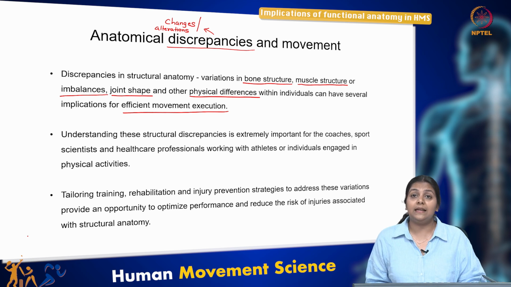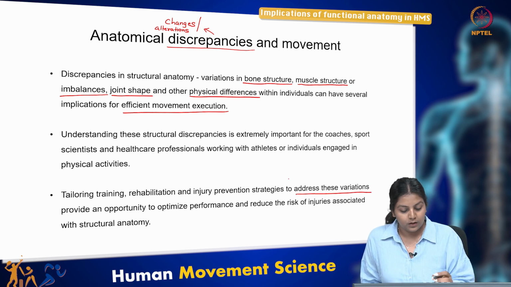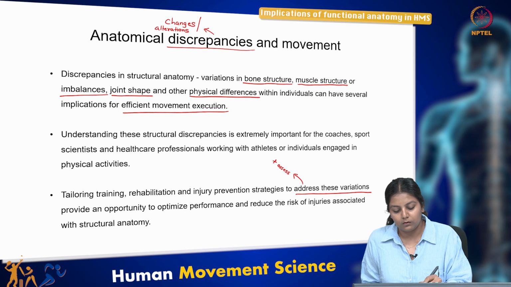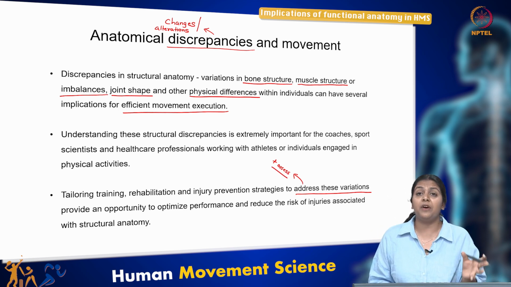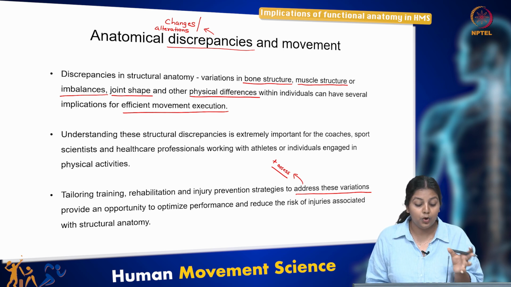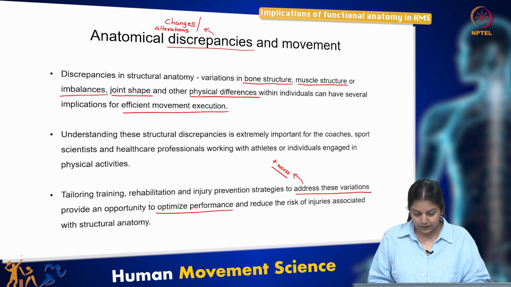So if you're looking at tailored training programs, rehabilitation and injury prevention strategies, it's important that we address and assess these discrepancies, as they provide an opportunity for us to optimize performance accordingly, so optimize individualized performance and reduce the risk of injuries that might be associated with them.